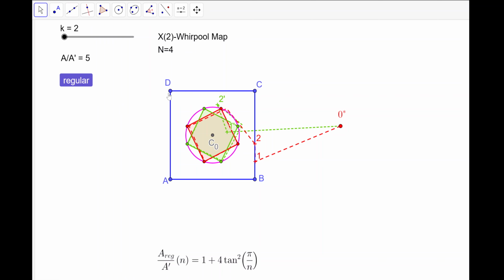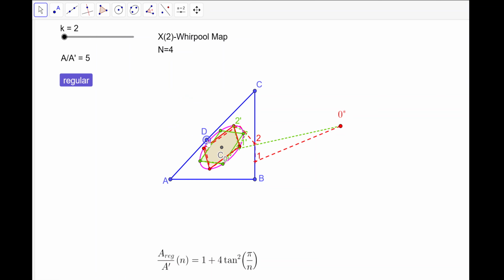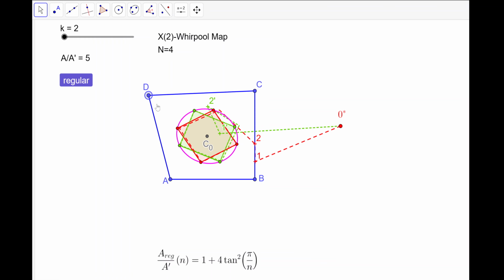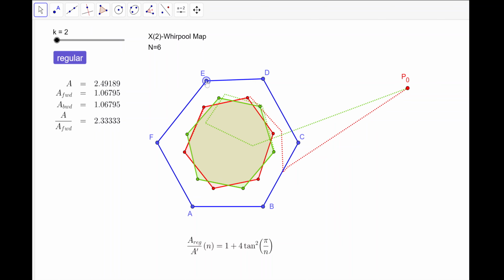Wherever D is sent under such an affine transformation can be regarded as a perturbation of one vertex of a regular polygon with respect to its original regular location. And we just saw in the cases of n equals 5 and n equals 6, and this can be proved algebraically, that when you just perturb one vertex of whichever n configuration, for example, n equals 6, the area ratio doesn't change.